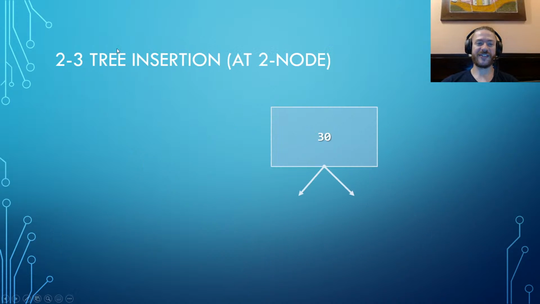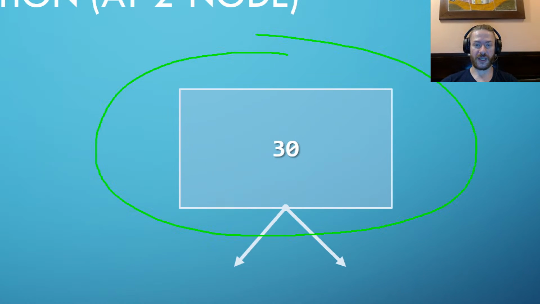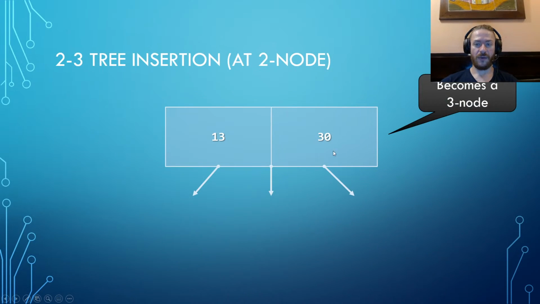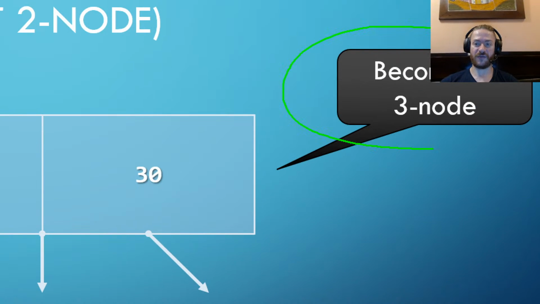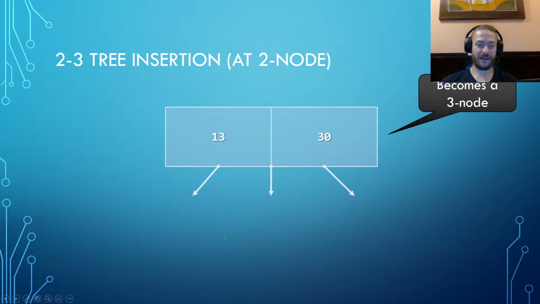So how to insert something in a B tree of order 3? First, if we have a 2 node which has only one value, we add it to the 2 node and it becomes a 3 node. So we don't add a new node below the node, we add the value in the same node.